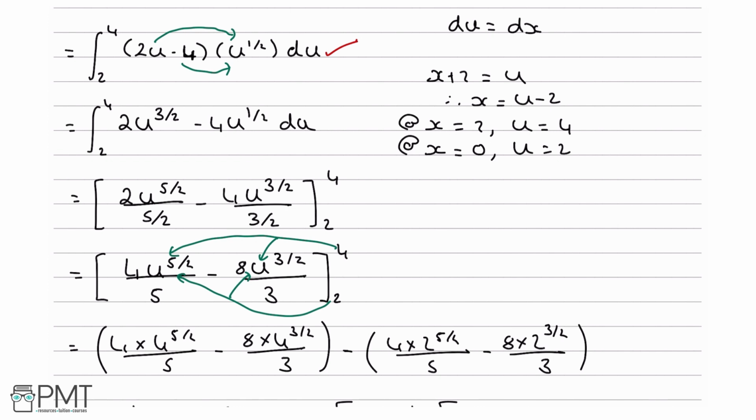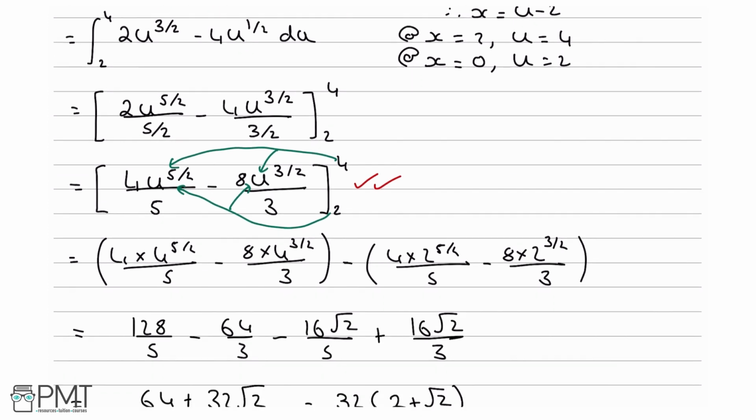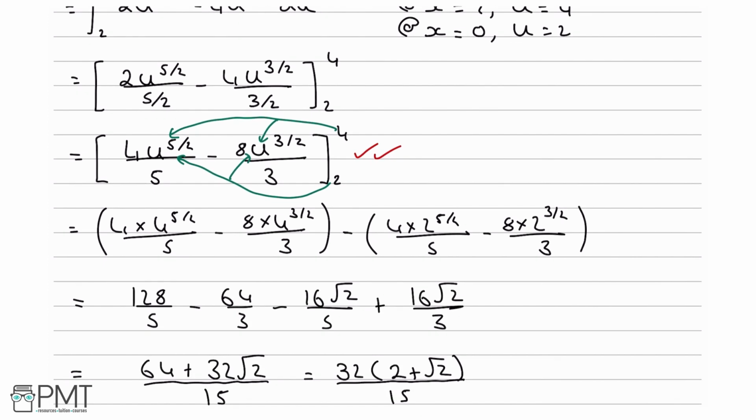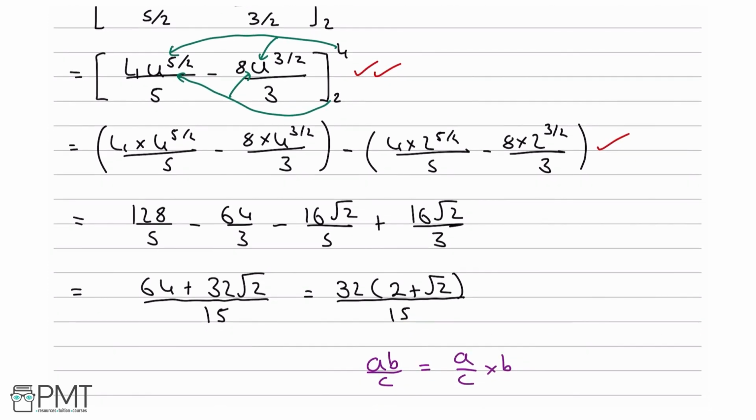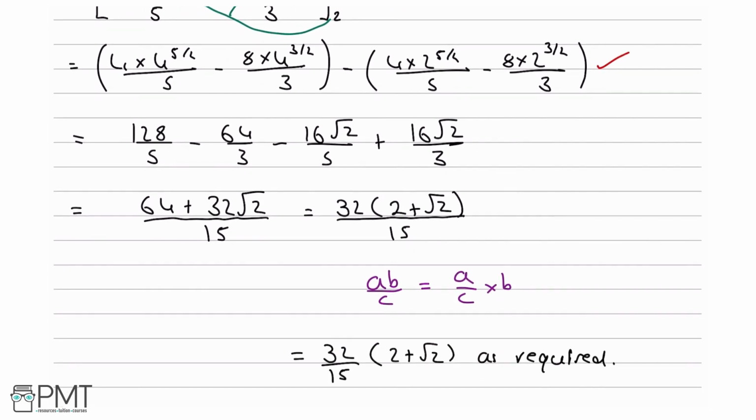But if you've got exactly 4 over 5 times u to the 5 over 2 minus 8 over 3 times u to the 3 over 2, as we have here in our solution on this line, you will get both of your marks. So we get 2 marks for this line. Your sixth mark comes from correctly putting in the limits and solving it, and your seventh and final mark comes from getting 32 over 15 times 2 plus root 2 as required.